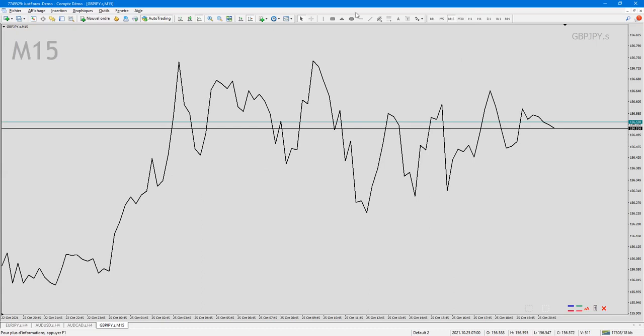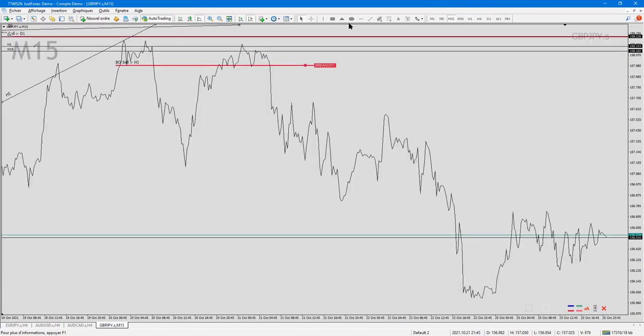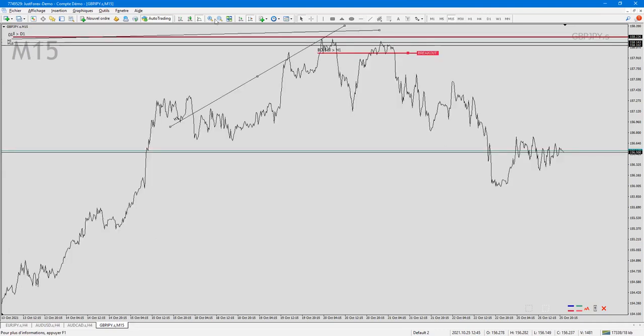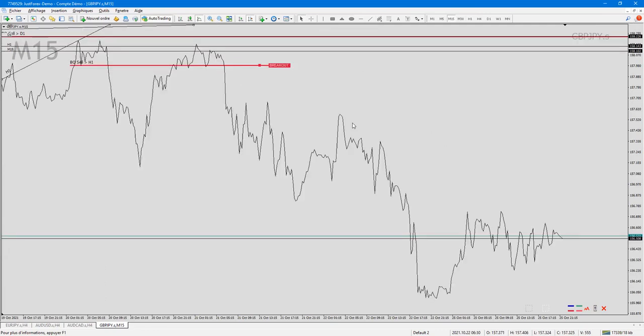Zoom out, please. Okay. So, zoom in. Like this.